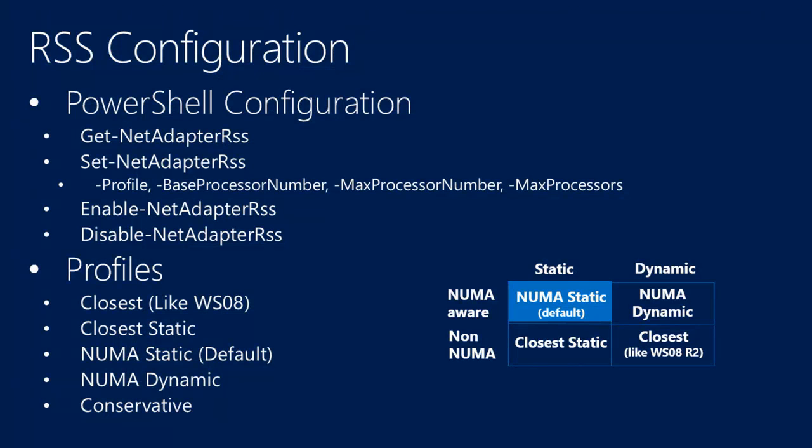So all those zeros is where you're going to see your traffic. What NUMA static is going to do is actually spread traffic and process it among multiple NUMA nodes. So depending on how you want your setup to look like, you can choose from the different profiles.